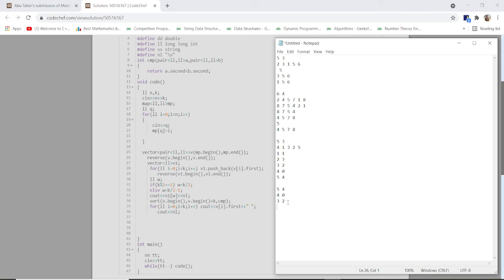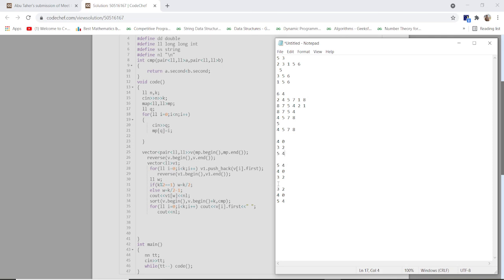So if I reverse them, it will be 3 2, 4 0 and 5 4. Now with the help of this part, I find the minimum value. I sort this vector according to the second part. It will be 4 0, 3 2 and 5 4.